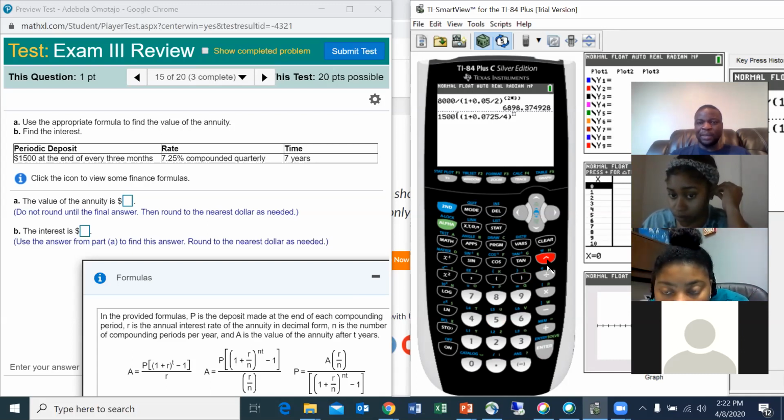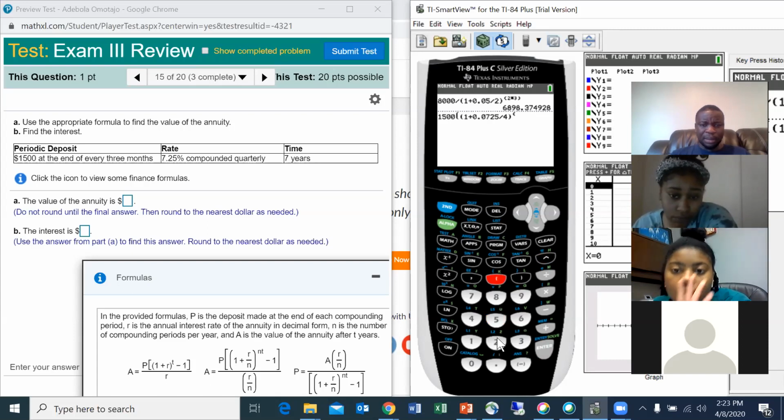After you type the exponent symbol, please make sure you put the exponent in parentheses. So you open the parentheses after the exponent, type n times t, where n is 4 and t is 7, and you close parentheses.